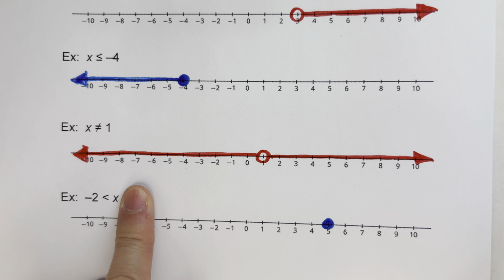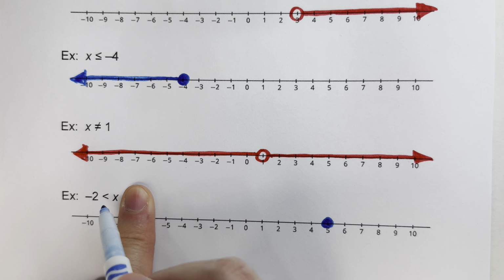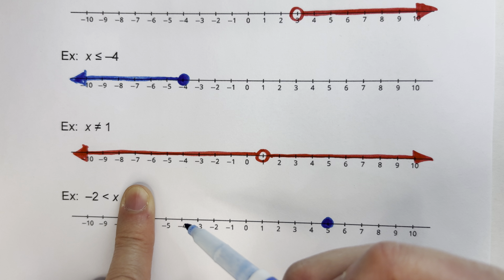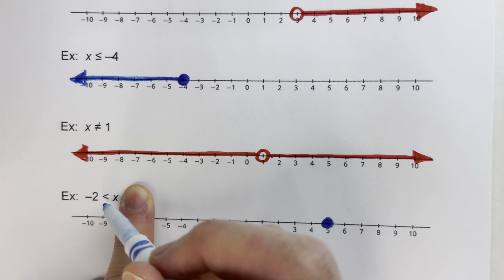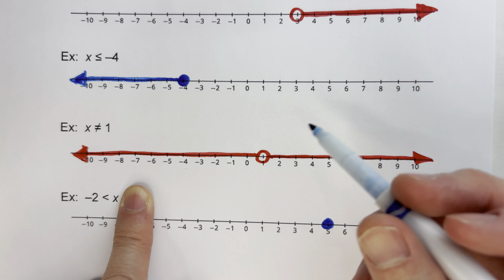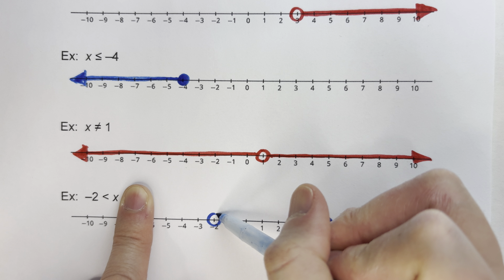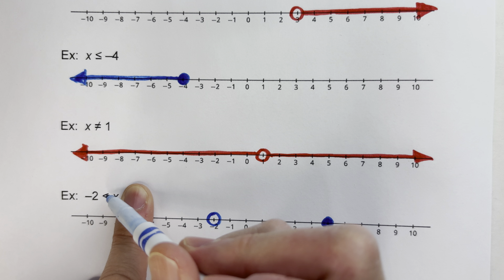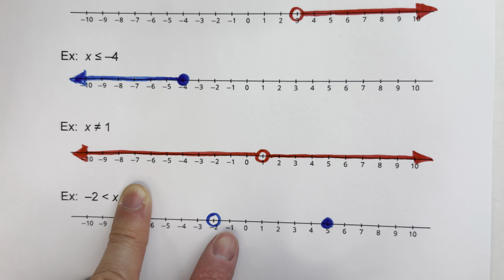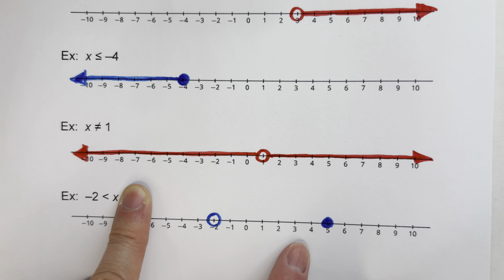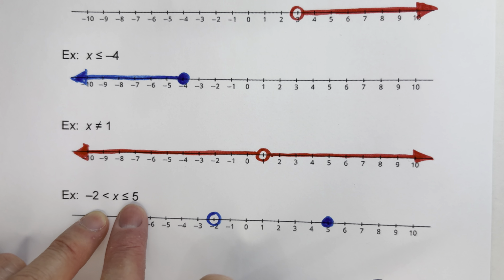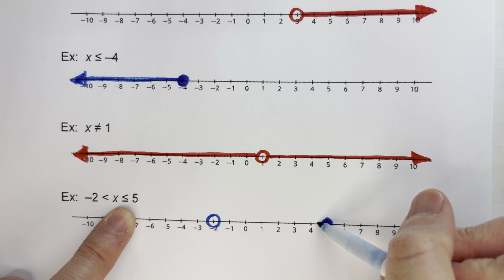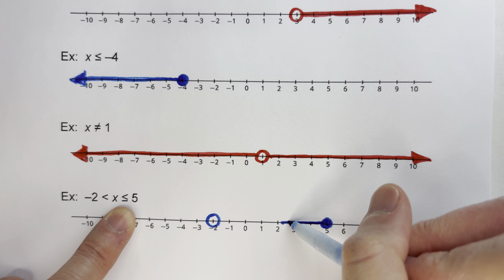Now let's look at this side of the inequality. X is bigger than -2. Can X be -2 if X is bigger than -2? No. So it's an open circle at -2. Okay? But it is bigger than -2, so the arrow would go in the positive direction. So notice, now we can kind of put these two together. We knew from this side, X has to be smaller than 5, so the arrow's going this way.